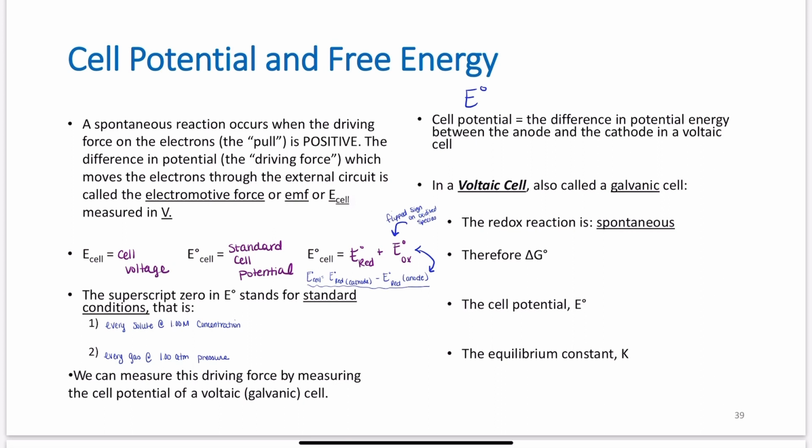Again, in a voltaic cell, we also refer to these as galvanic cells. The redox reaction is spontaneous. Because it is a spontaneous reaction, delta G is less than 0. The cell potential will be greater than 0. And the equilibrium constant K will be greater than 1.